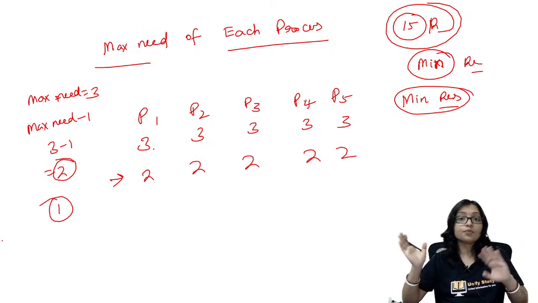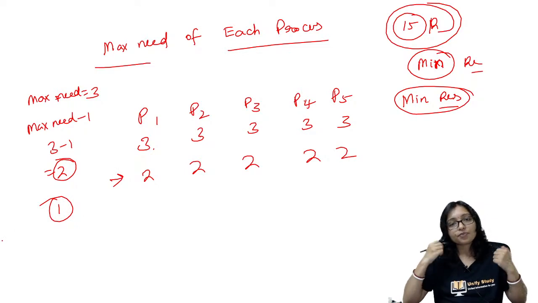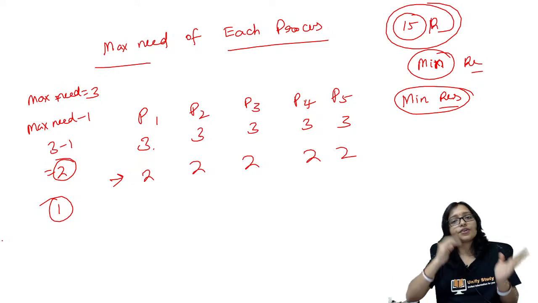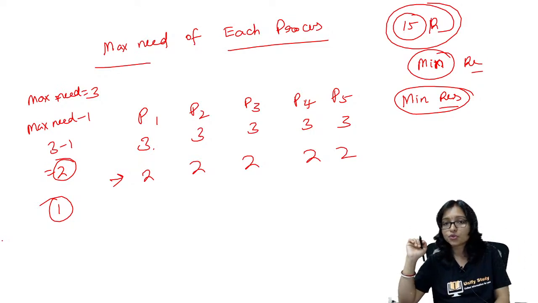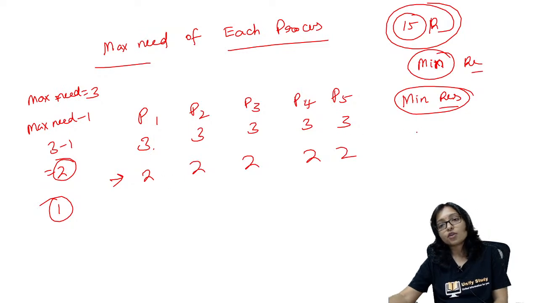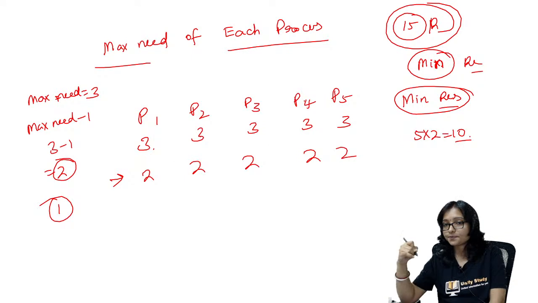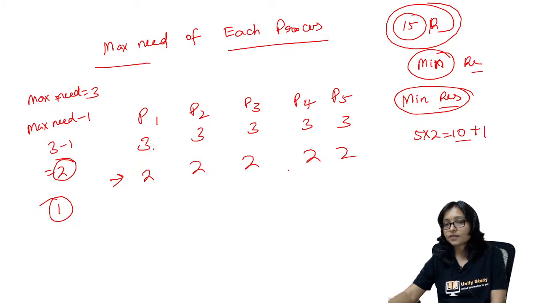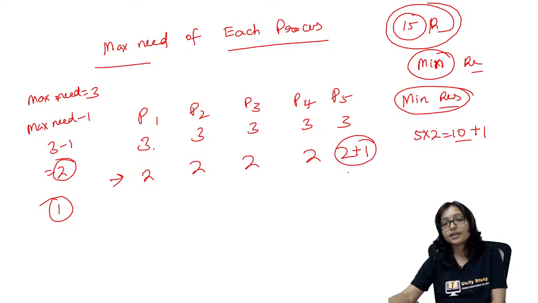If I can provide this 1 extra, then anyone can execute and after that it will release and others can execute. So now what is allocation? There I have allocated already 5 into 2, 10 resources. These 10 resources I have allocated. Now if I add extra 1 with them, this extra 1 I will add with this. Now it will be done.